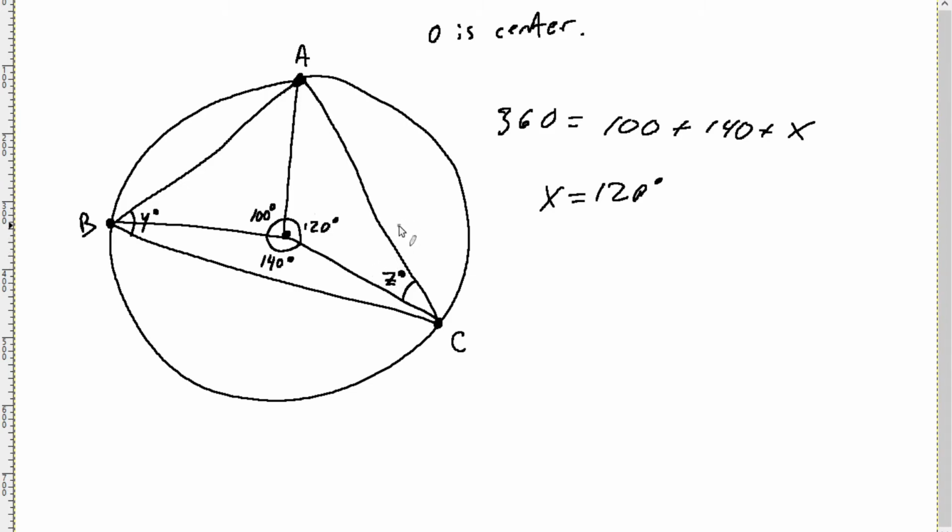Our next step is to find y or z. If we investigate a little bit, we'll find that y is actually pretty easy to get, because ABC is subtended by the same arc as AOC. And we know the central angle of AOC is 120 now. So y, since it's the inscribed angle that matches up with that central angle, should be exactly half.